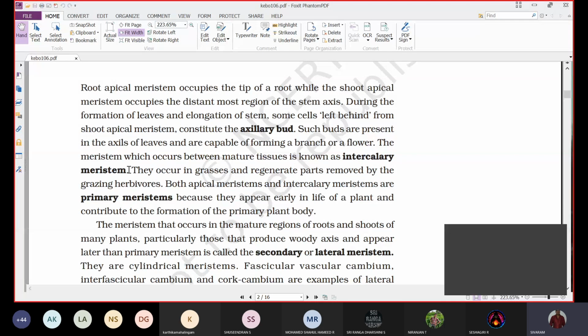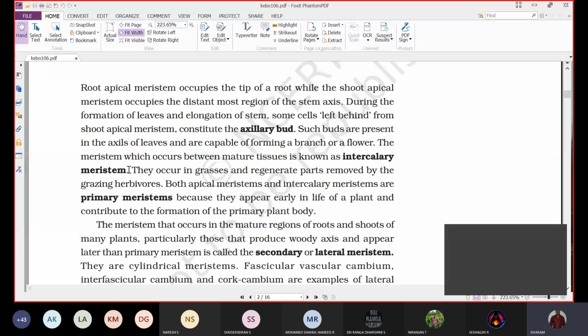The elongation of the stem, the formation of the leaf at the nodes, and the formation of axillary buds which later give rise to branches all come under the intercalary meristems, because they occur at the nodes, in between the mature tissues.